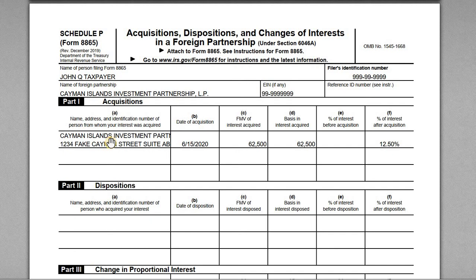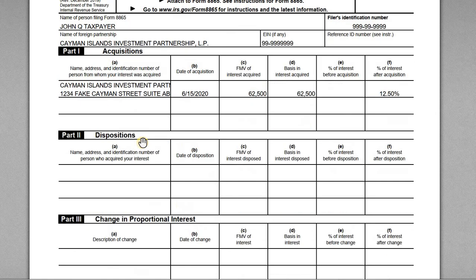Okay, so like if Brad, let's say, was already a member in this partnership, and I went to Brad and I said, hey, I want to buy your partnership units in this Cayman Island LP, that would be an acquisition, but it would be from a third party, right? It'd be from an existing partner. In this case, that's not what happened here, right? I put capital directly in exchange for units being issued by the partnership directly. I didn't acquire it from an existing partner.